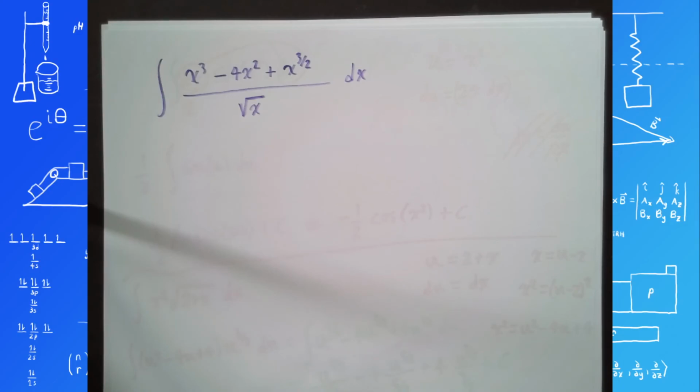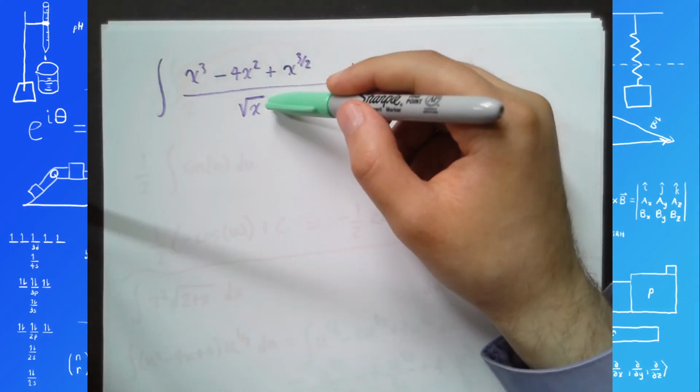A problem like this tends to throw students for a loop because they overthink it. They try looking for u substitutions that work and end up with nothing, because they didn't try a much simpler method first. What you need to realize is that the denominator is not complex.